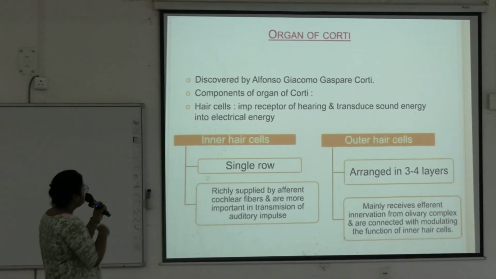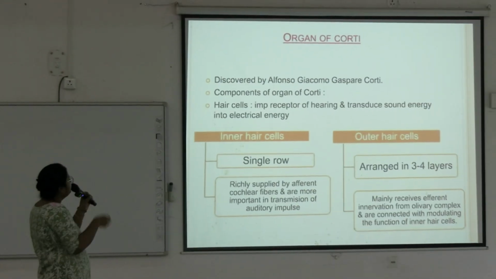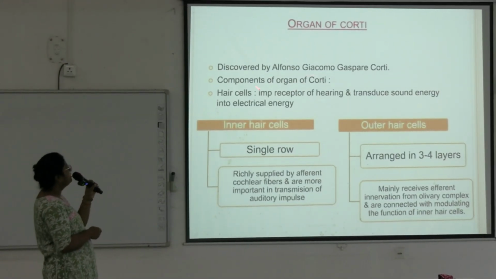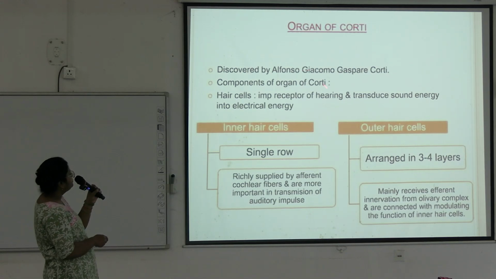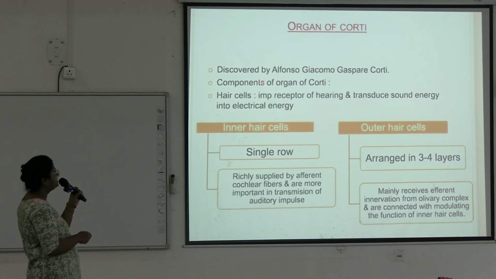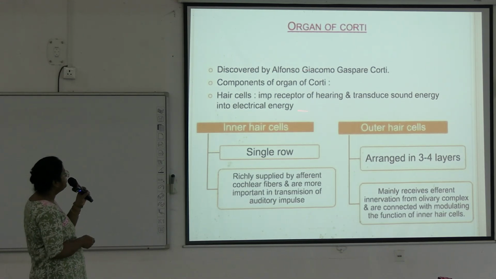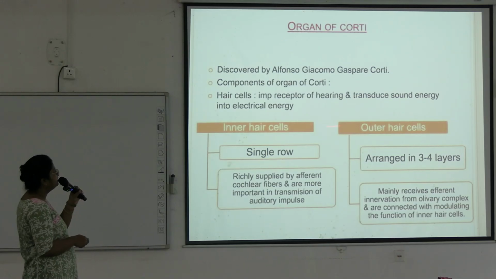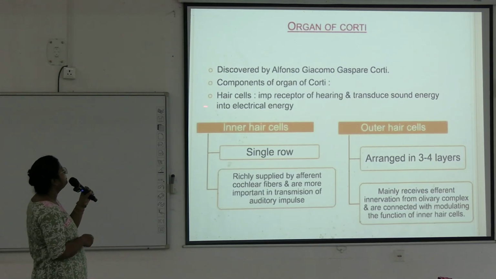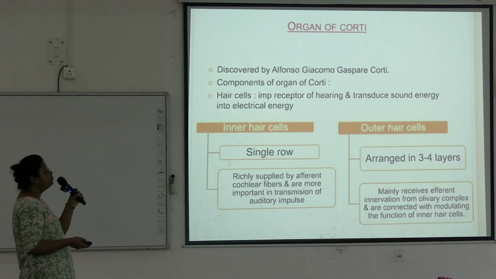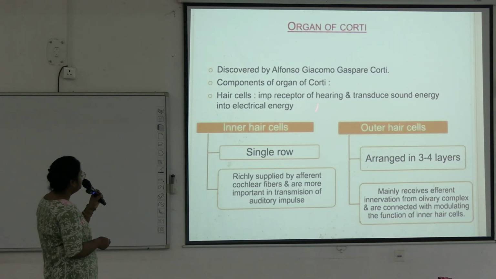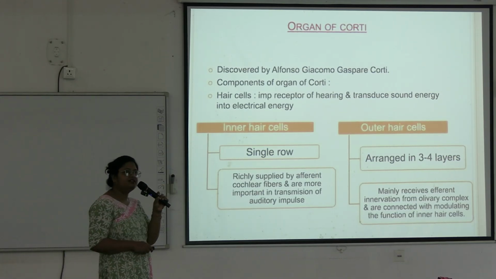Next we are going to the organ of Corti. The organ of Corti was discovered by Alfonso Giacomo Gaspare Corti, and its components are the hair cells. Hair cells are the important receptors of hearing and they transduce sound energy into electrical energy. There are two types of hair cells, inner hair cells and outer hair cells.